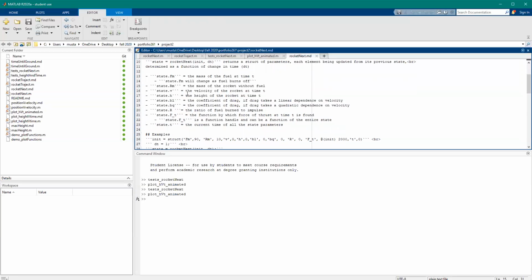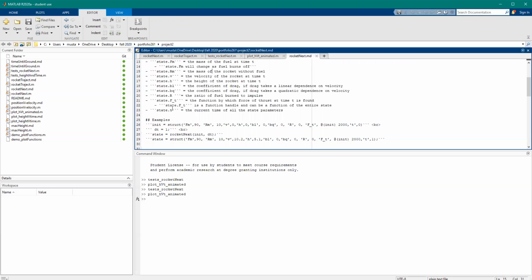Then the rocket mass without fuel, the velocity and the height at time t, the coefficient of linear drag and quadratic drag, and then the ratio of fuel burn to impulse. And then this is a function handle, remember, the force of thrust, and then the current time, depending on how far, delta t.